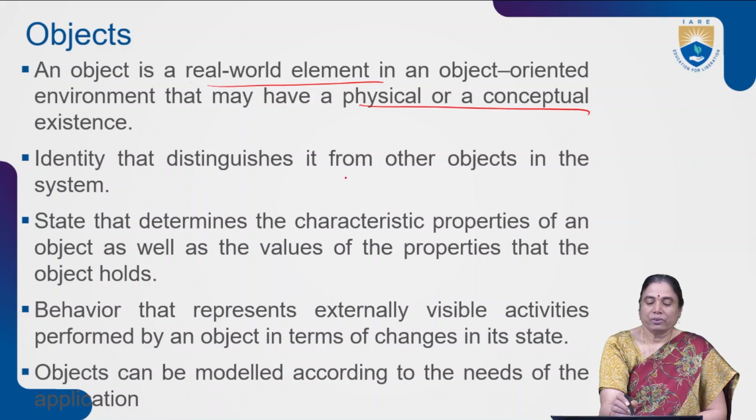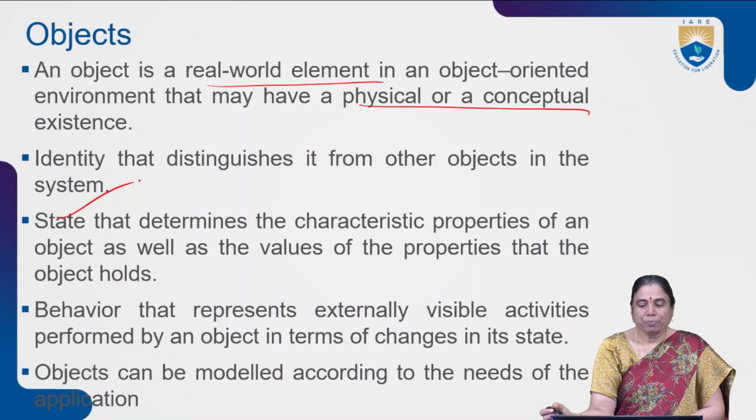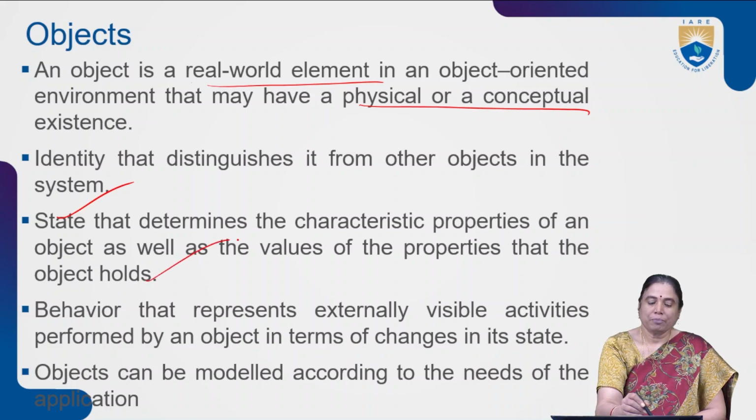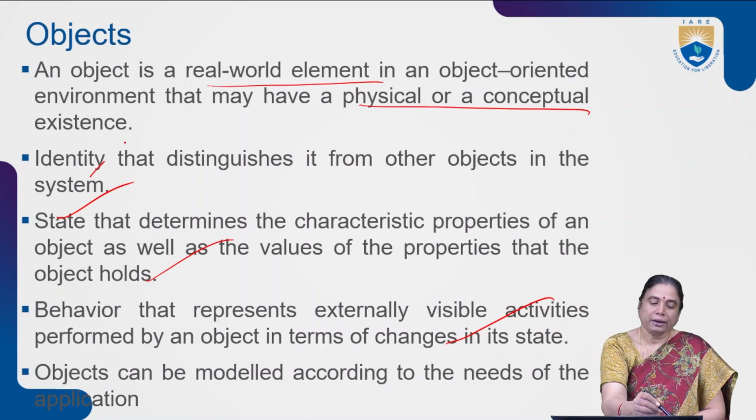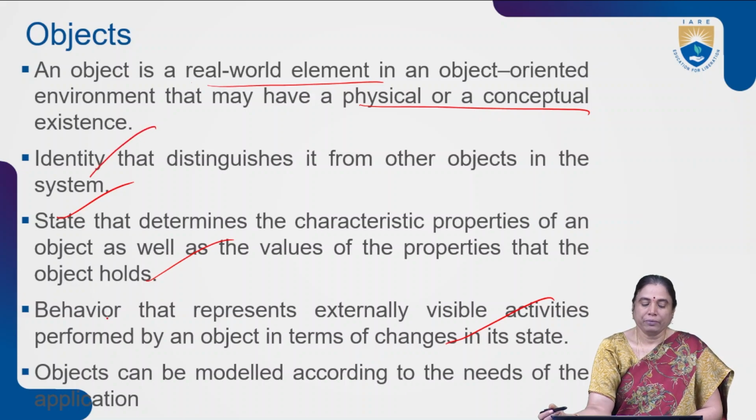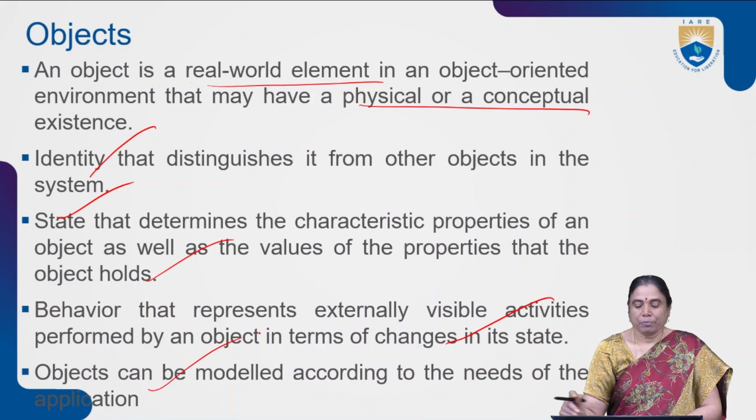An object has an identity that distinguishes it from other objects in the system. State determines the characteristic properties of an object as well as the values of the properties that the object holds. Behavior represents externally visible activities performed by an object in terms of changes in its state. So, majorly, objects represent identity, state and behavior. Objects can be modeled according to the needs of the development.